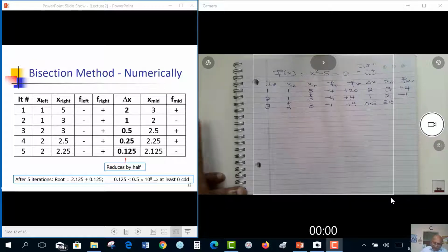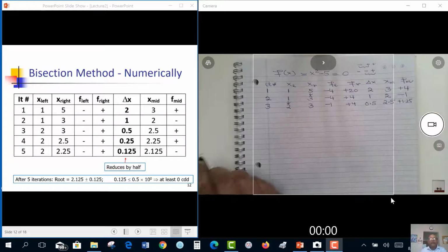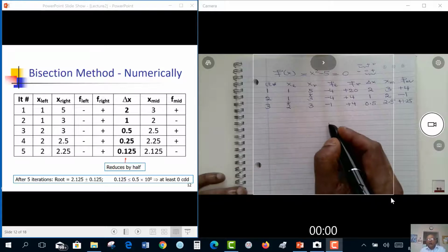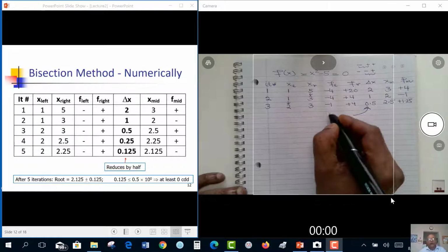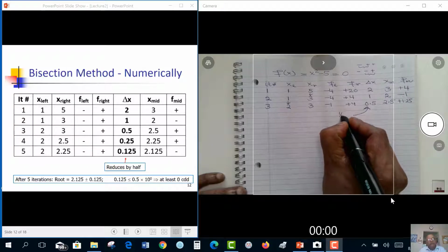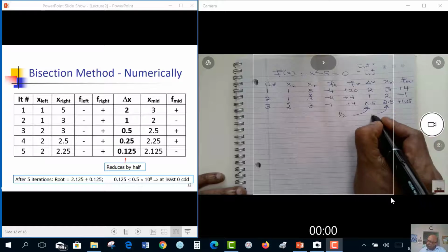Calculate 2.5 square minus 5 is 1.25. So you can see first of all that delta x reduces by factor of half, and we get closer and closer to the root.